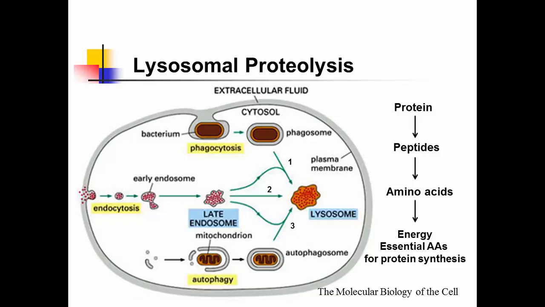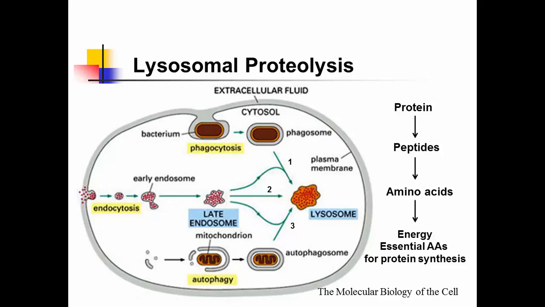This is the vesicle fusion pathway. There are also some proteins in the plasma circulation which, once they get old or damaged, can be internalized by the cells through the endocytosis pathway, forming early endosome and late endosome, and then fusing with the lysosome and being degraded.